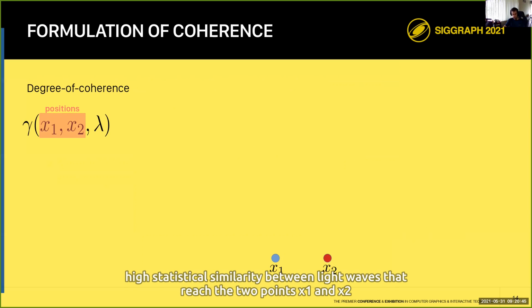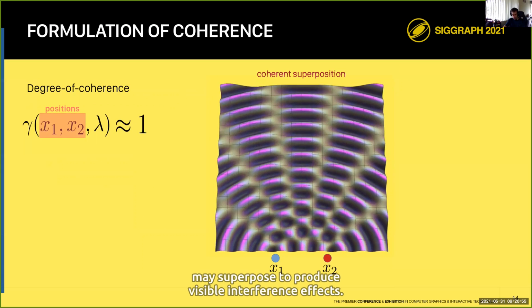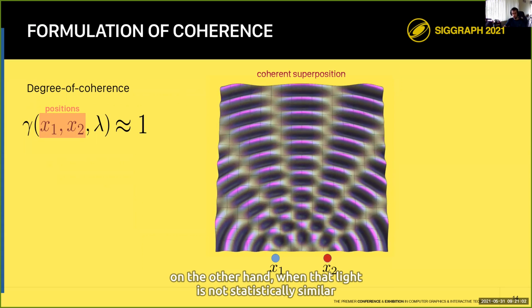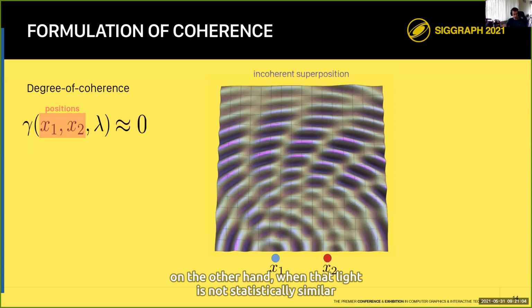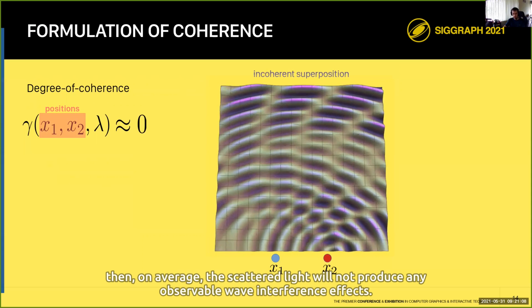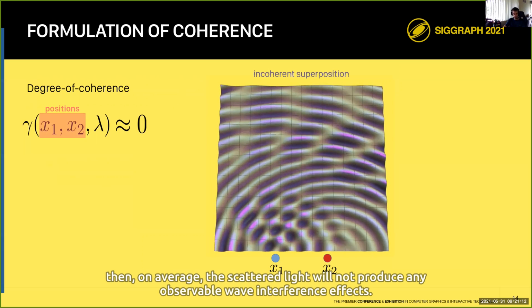High statistical similarity between light waves that reach the two points x1 and x2 means that scattered light from these points may superpose to produce visible interference effects. On the other hand, when that light is not statistically similar, then on average the scattered light will not produce any observable wave interference effects.